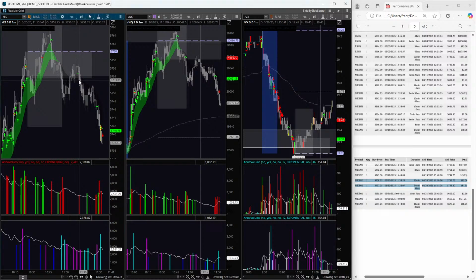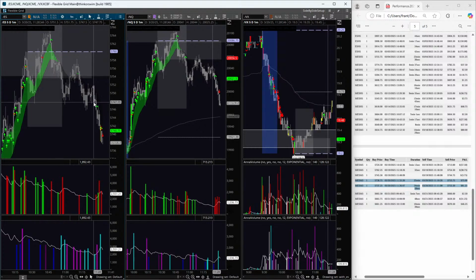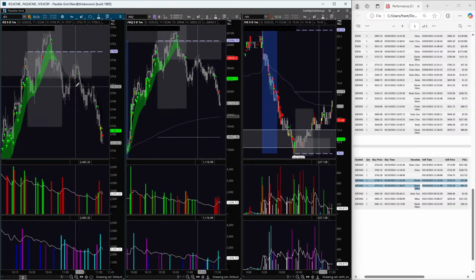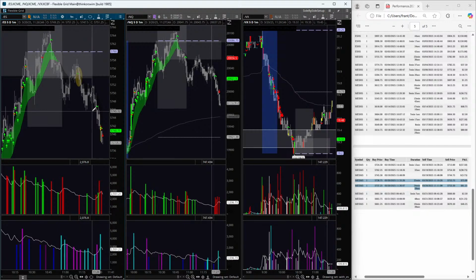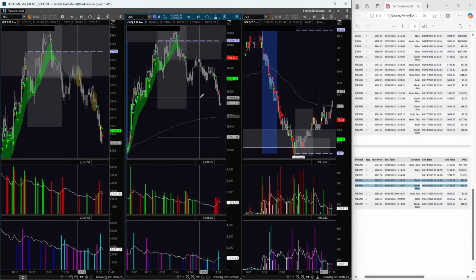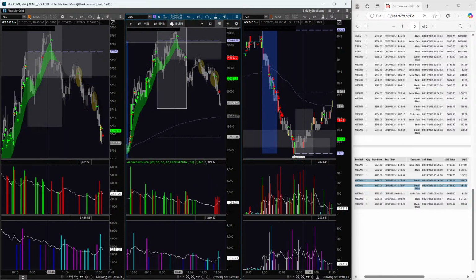So that could have been the entry, and then we had another entry here at 11:28. So 11:14 to 15 potential entry, and then another one right here.